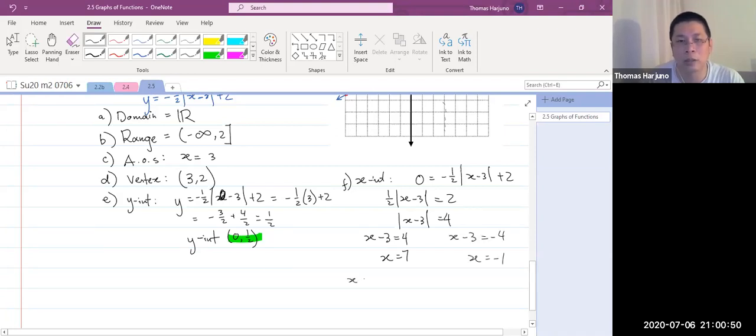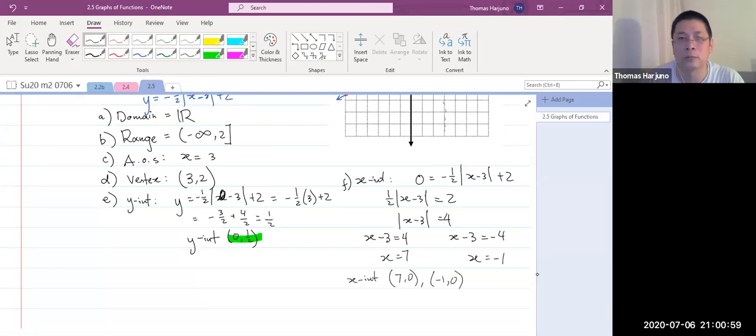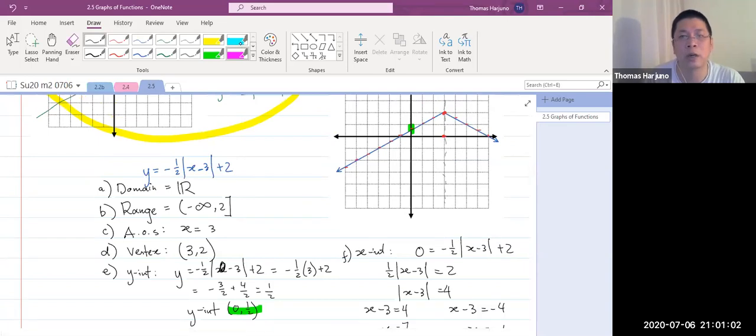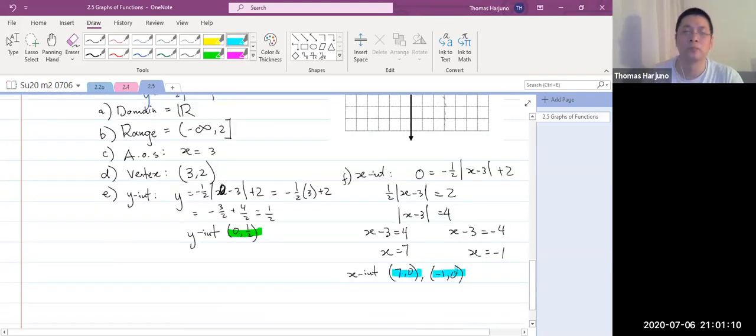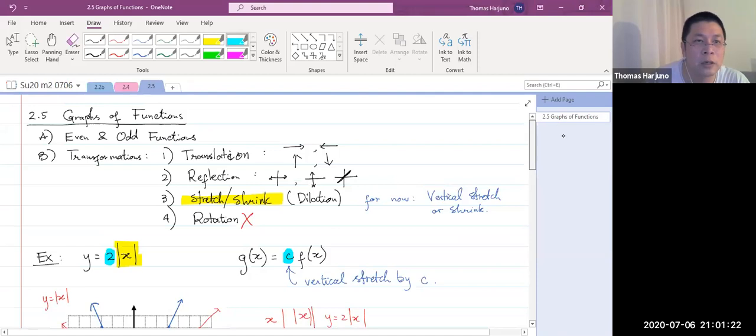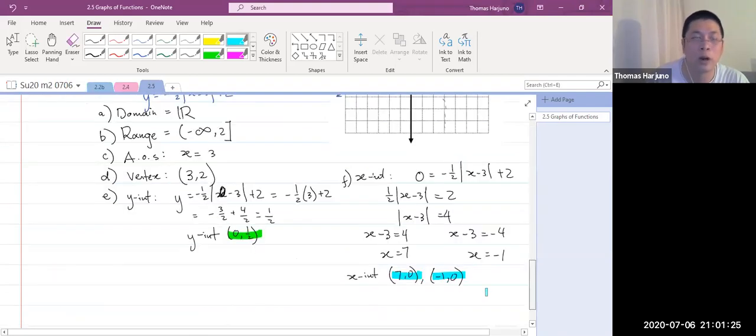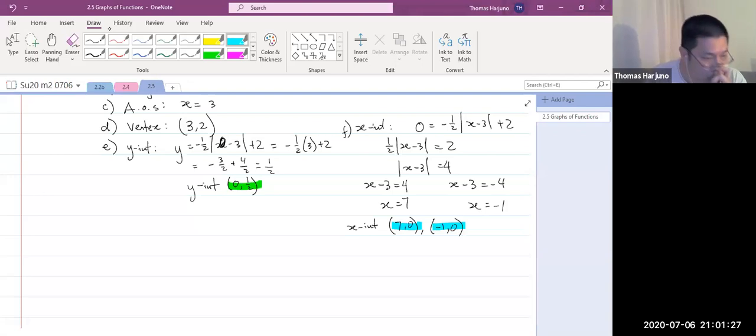So the x-intercepts are 7, 0 and -1, 0. Right? Okay. Now, tomorrow we will apply this to quadratics. So 2.6 tomorrow, basically the application of what we learned in this 2.5 here.